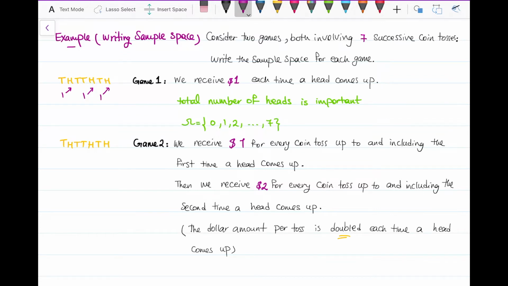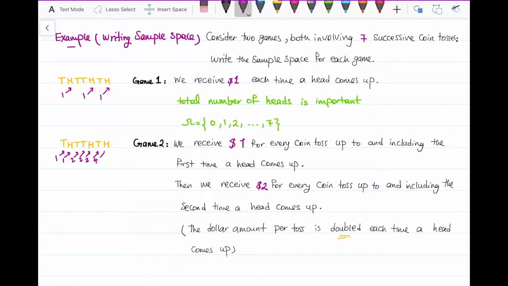Okay, so how much money do we get if we have this result? We receive $1 for every coin toss up to and including the first time that we get head. Then we get $2. So I get $2 in here, $2 in here, and $2 in here. Then it gets doubled.